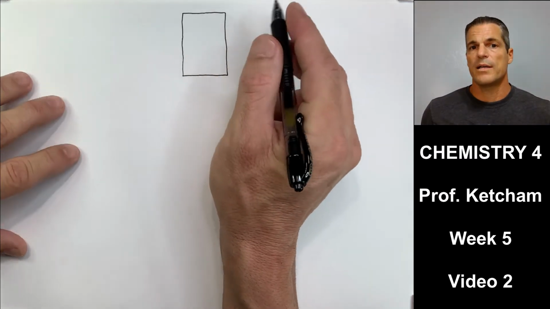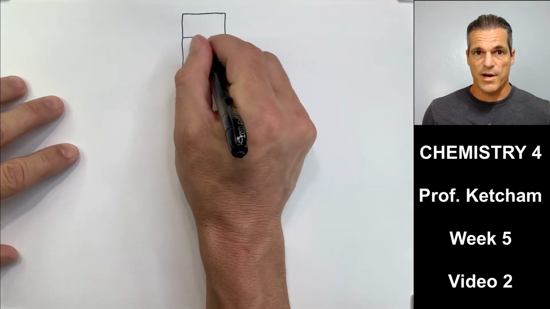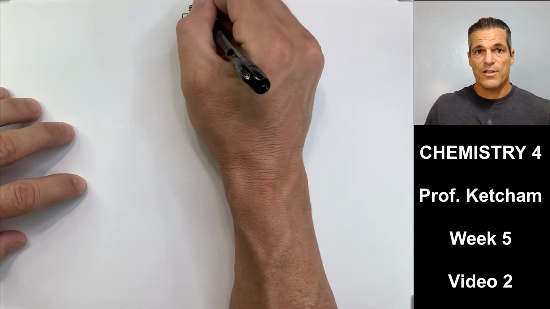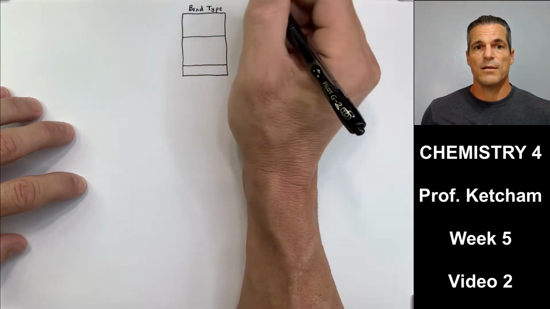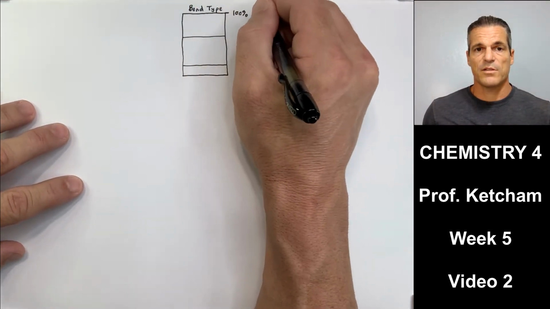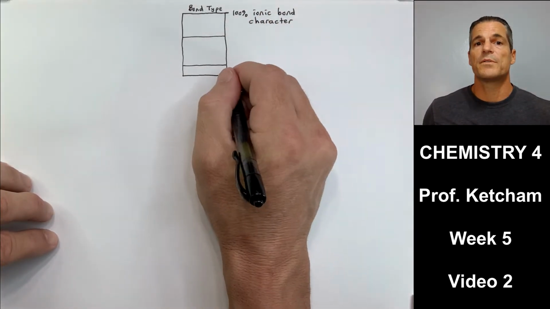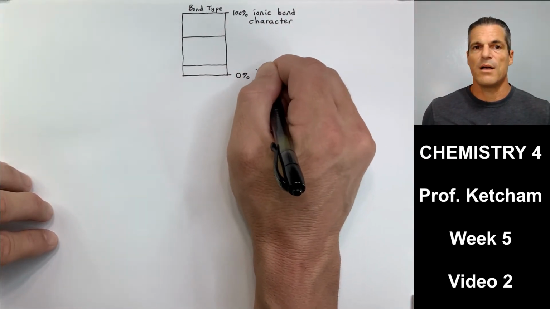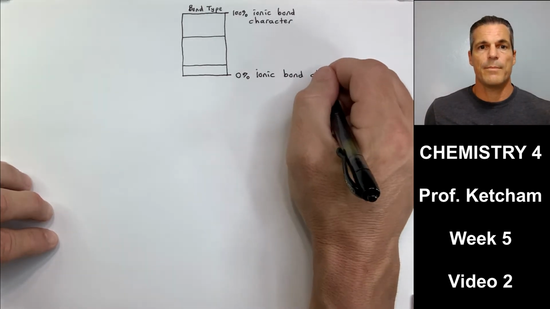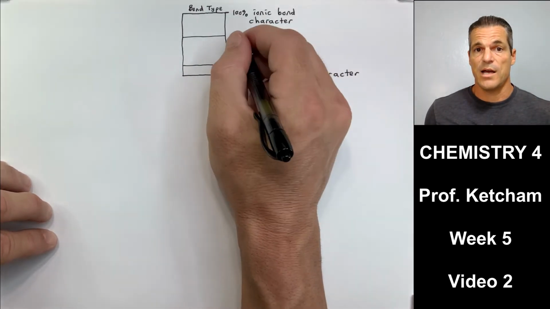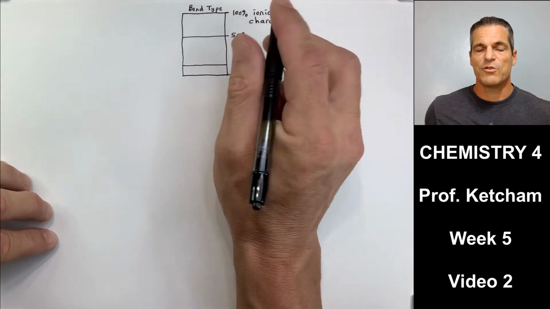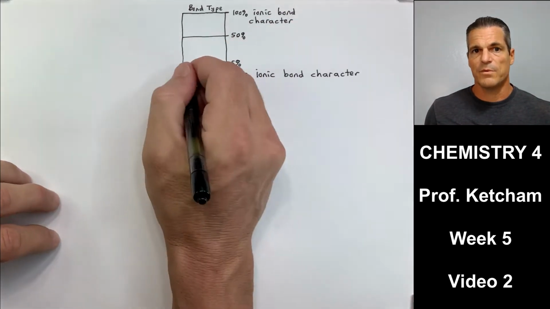So what I'm drawing here, and if you'd be patient with me, I'm trying to scratch this out for you, but I've got three blocks on top of each other. So think of this as a column. The very top is 100% ionic bond character. It's ionic bond all the way. The very bottom is 0% ionic character. And then I haven't drawn it to scale, but the middle would be 50%.